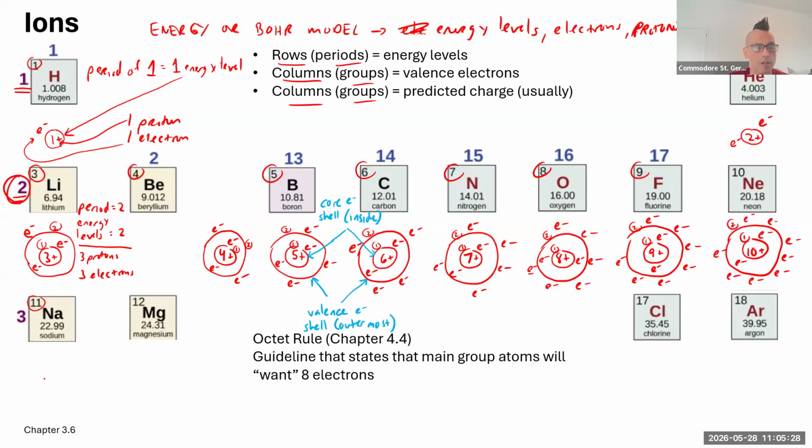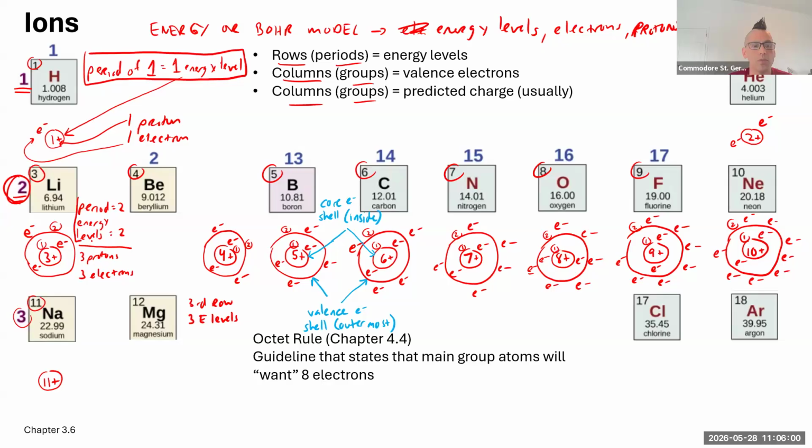Sodium, 11 protons. Now check this out. We're on the third row of the periodic table. So we're going to have now 3 energy levels. Here we have period of 1 energy level.